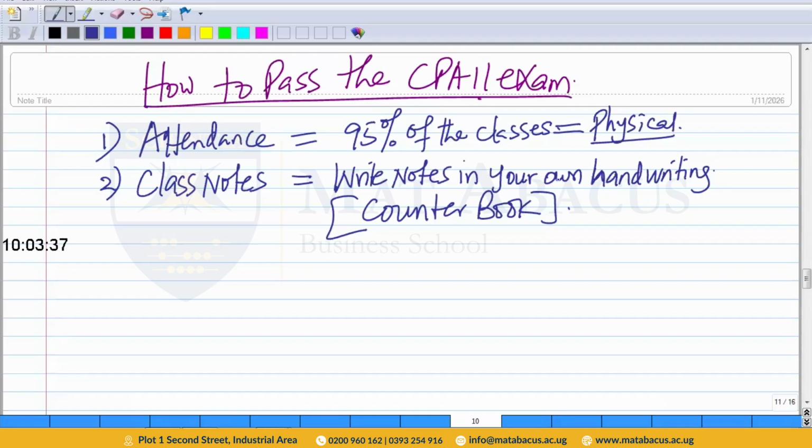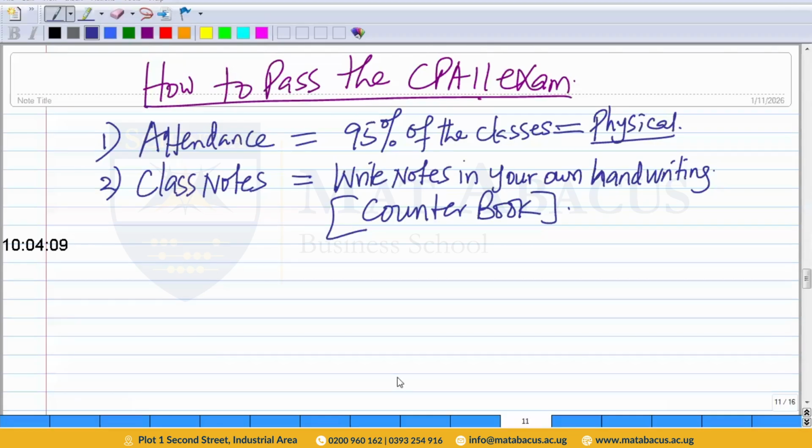Get a big book and make sure that all the notes I say in class go in, because most of the things we talk about in class. Other times when a lecturer is explaining, he is talking and maybe he is not writing them. So your responsibility as a student is to pick as much as possible of whatever they say. When they're explaining something, you write what you have understood from there.